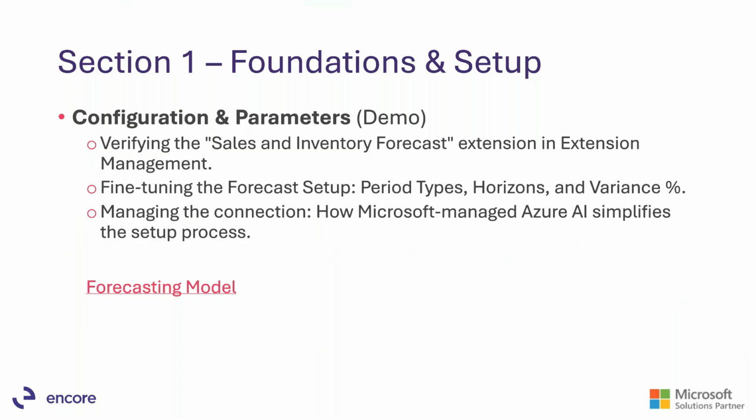But nowadays, in the updated BC version, we just need to go to the sales and inventory forecast setup page. When we do that setup, we also need to fine-tune each item for the forecast period and the variance, and that will automate the connection to Microsoft Azure AI to do the forecast.